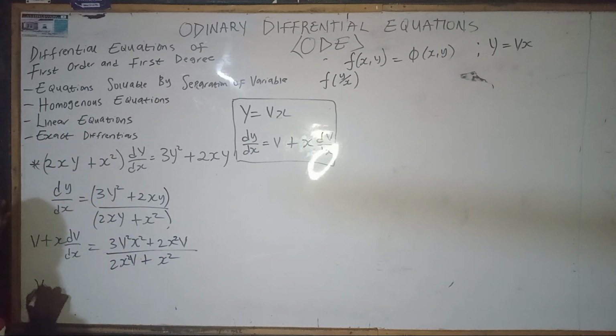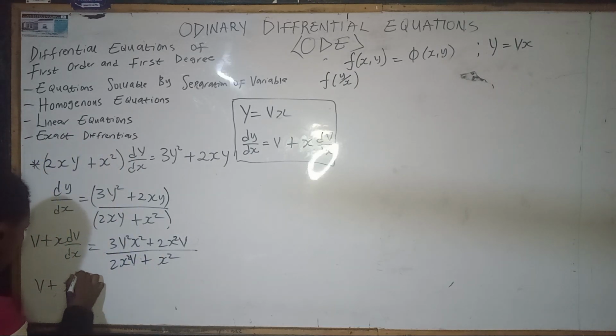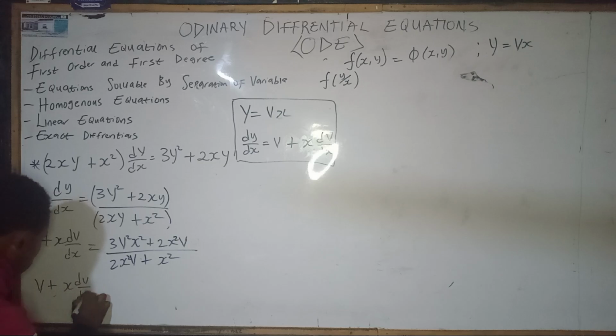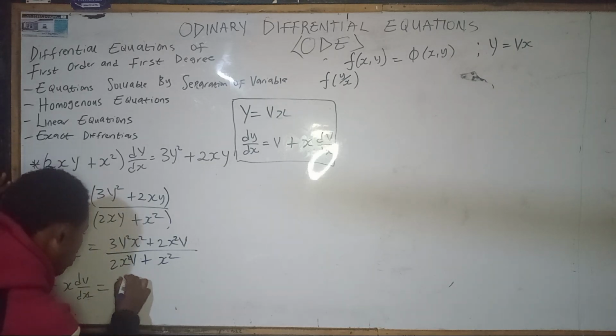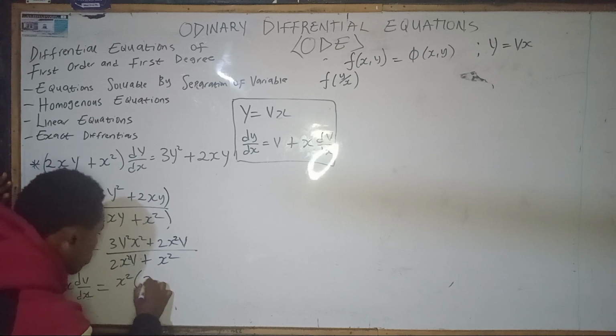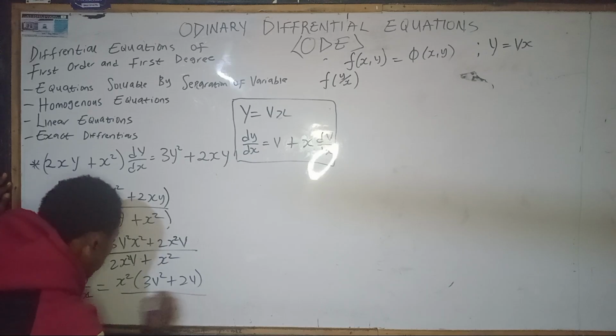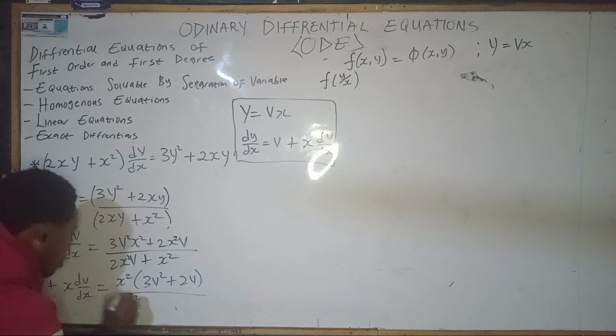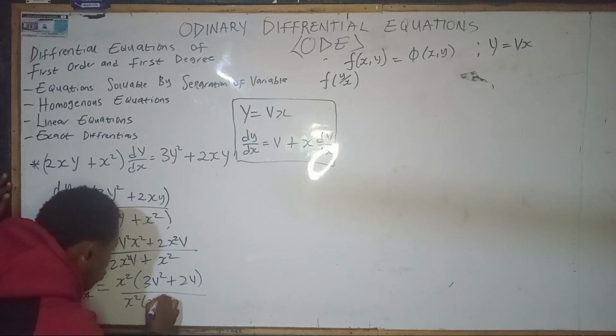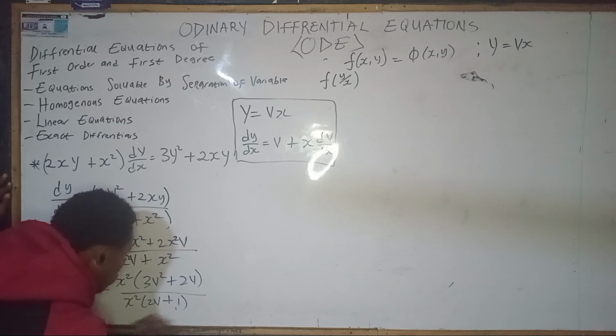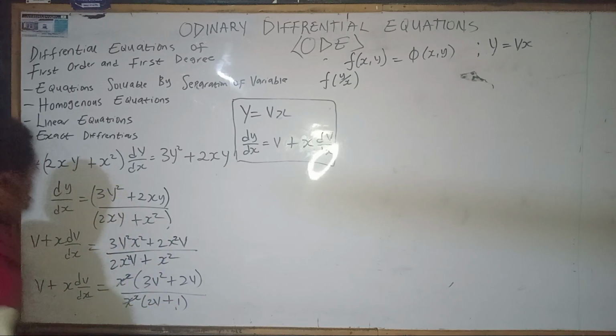We have v plus x dv dx equals x squared into brackets 3v squared plus 2v divided by, we have our x squared from the bottom, we have 2v plus 1. x squared cancels x squared.